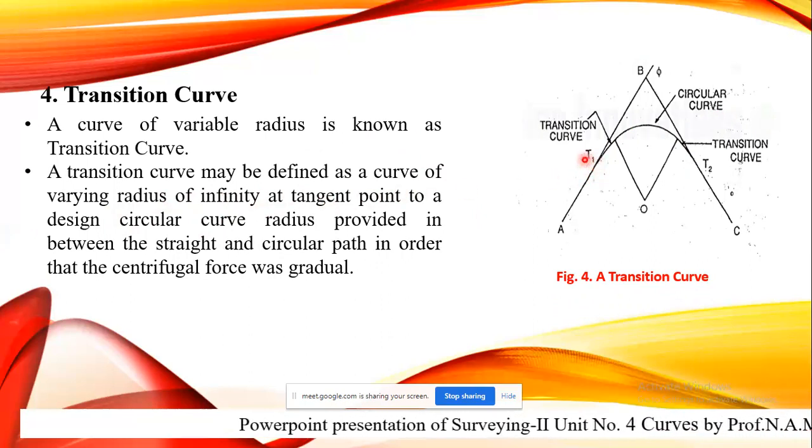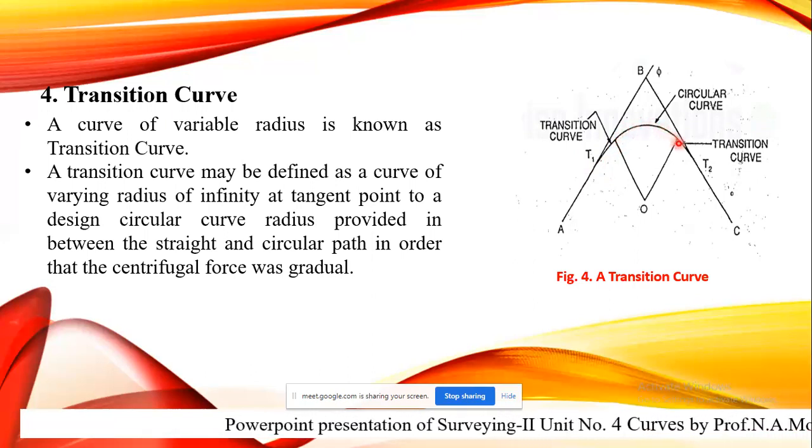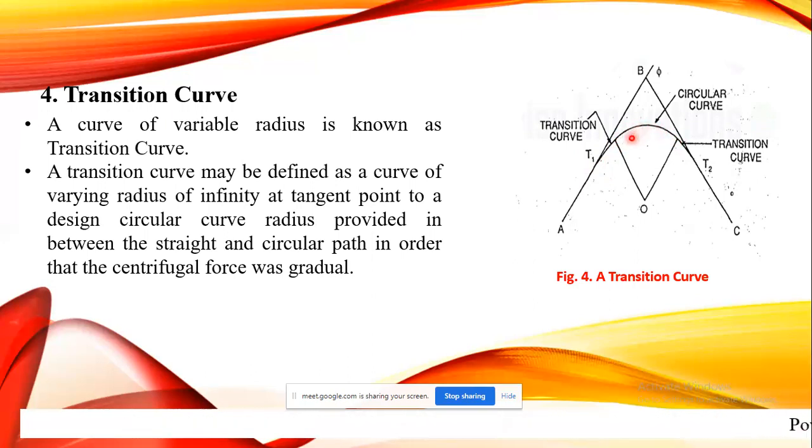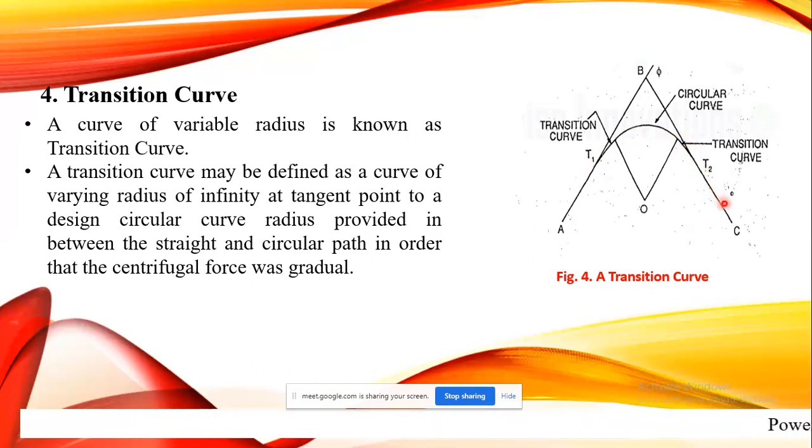It is infinite at the tangent point, and when it starts merging with the simple circular curve, it will have a constant radius, until it merges with the next alignment.